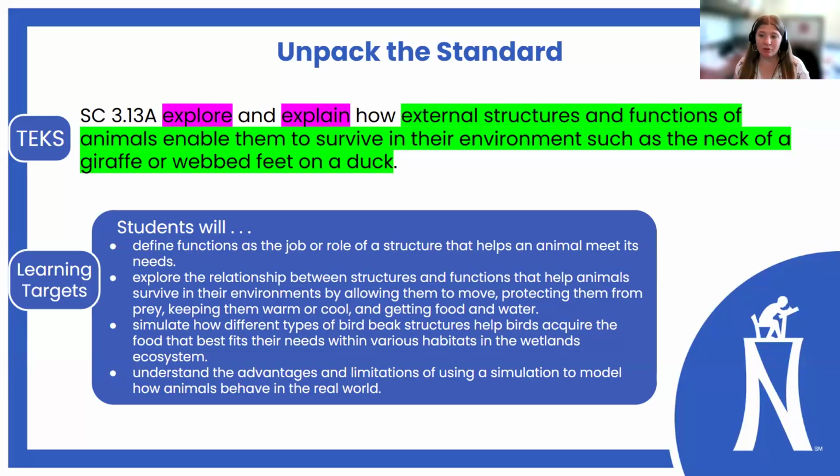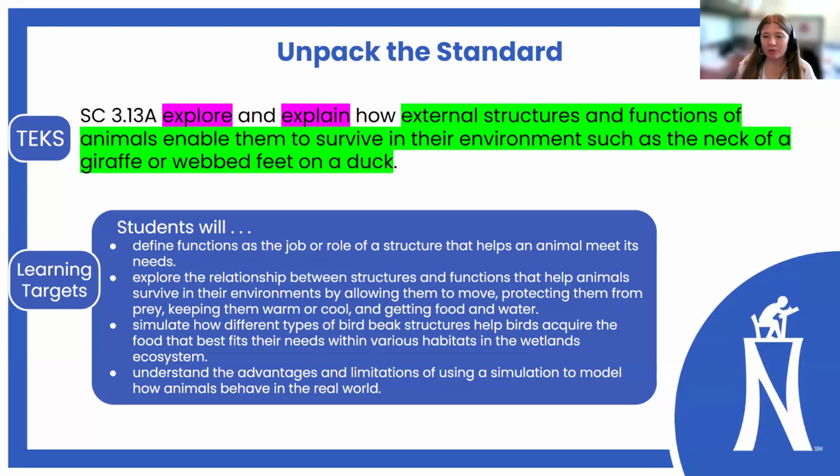I see someone said a simulation absolutely shows how the animals can meet its needs. Definitely. We know that the value of science comes when students are doing that exploring through investigations, through simulations. And so you'll see that the learning targets are having students explore that relationship between structures and functions and then go through that simulation.